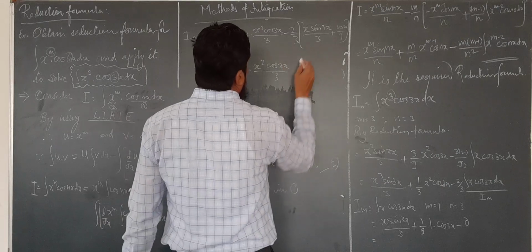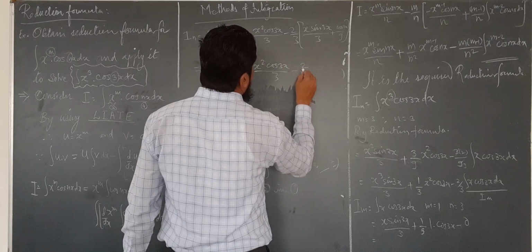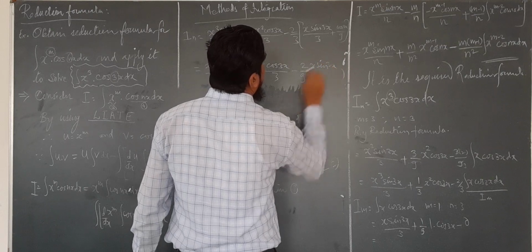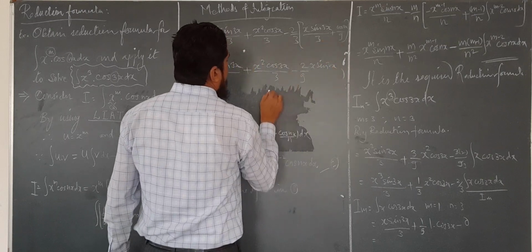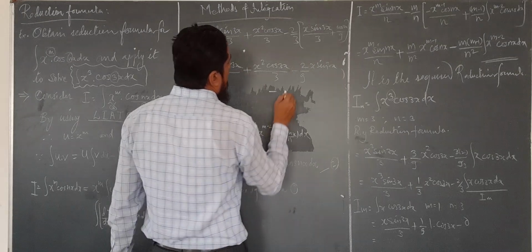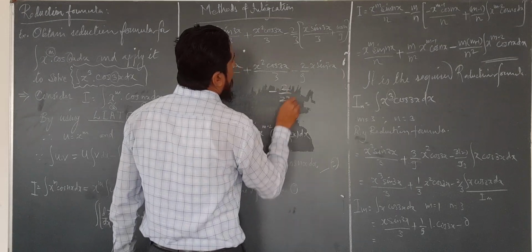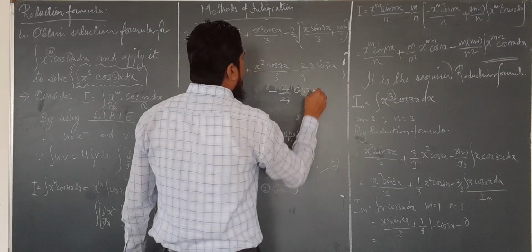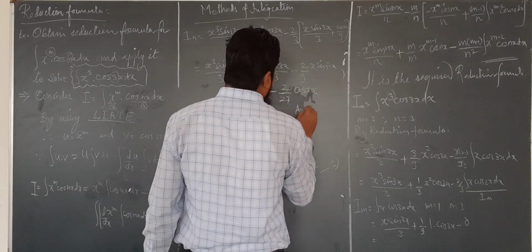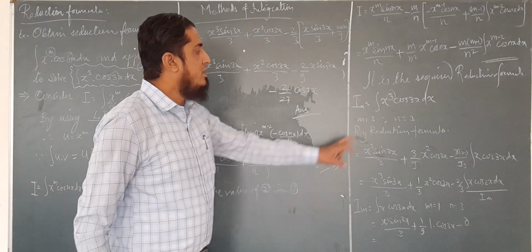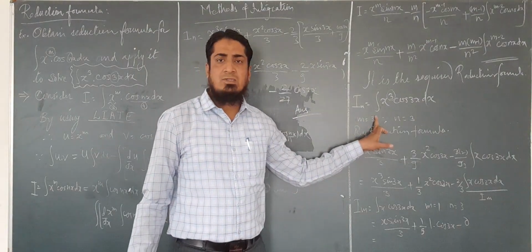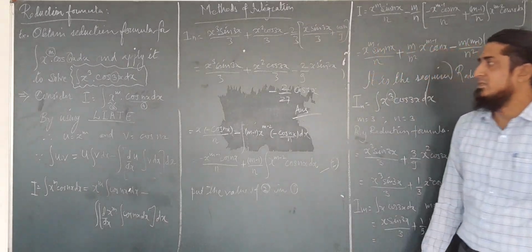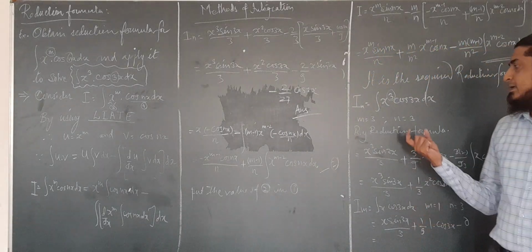After multiplying this, 2 by 9 x sine 3x and plus minus 2 by 27 cos 3x, and it is the required integration of x cube cos 3x dx. What we have done?